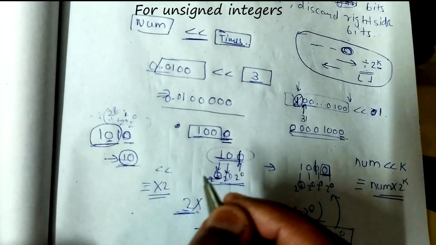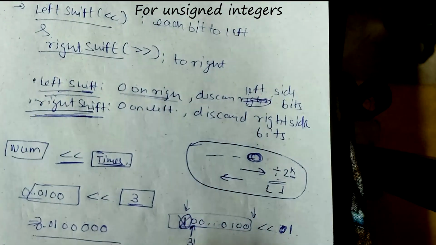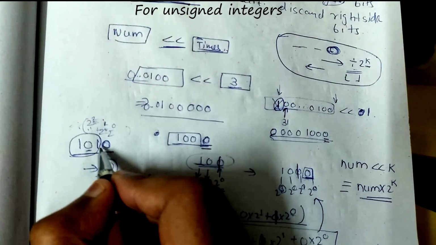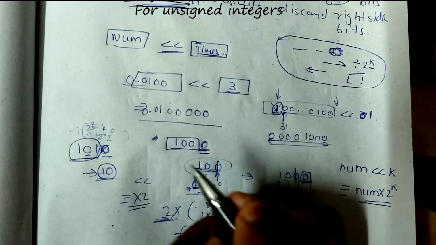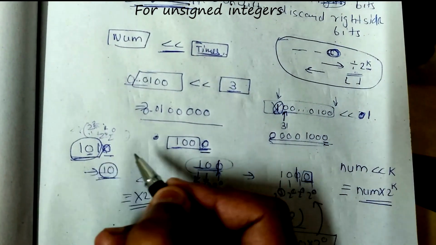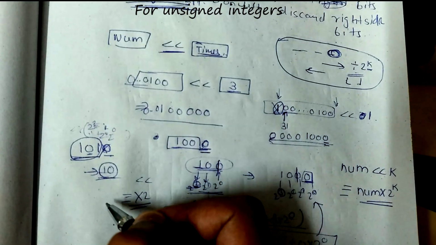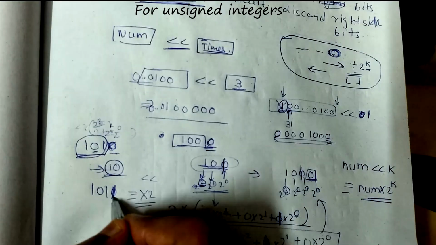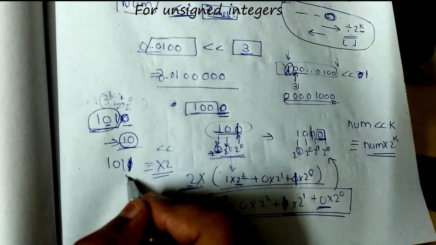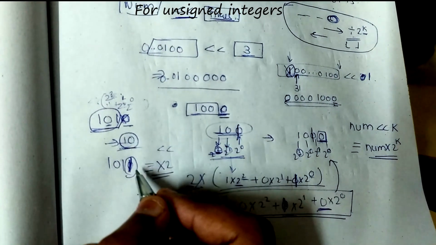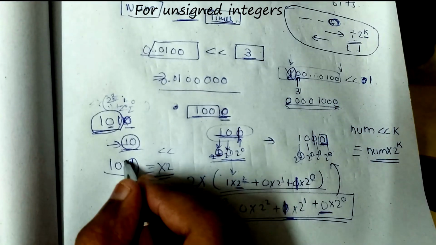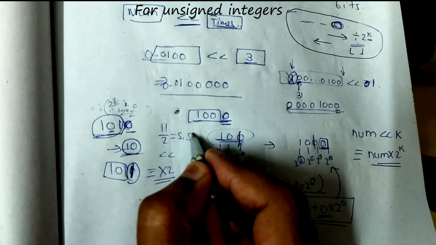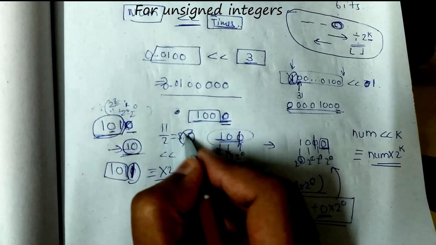That's fine. I hope this concept is clear. And again, if you just remove the last bit, this will again become 5, which is 10 by 2. Suppose it was 11, and if you remove the last bit, you have 5 now. 11 by 2 is actually 5.5, but you discard the 0.5.